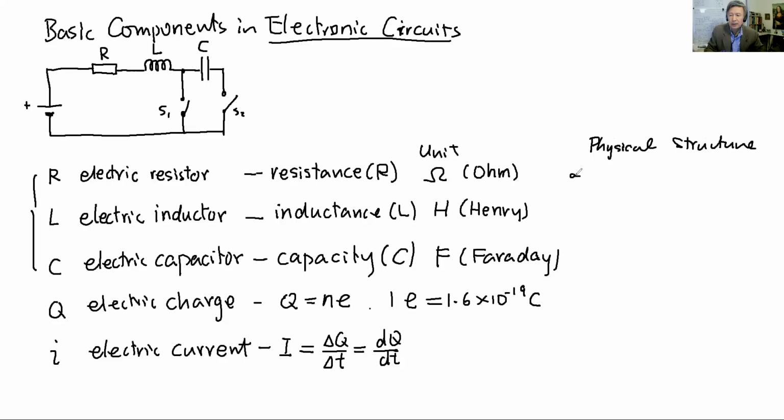The simplest one is just a small cylinder. Do you remember? We have two parameters here: A for the cross area, and the length. These are two geometrical parameters of the cylinder.